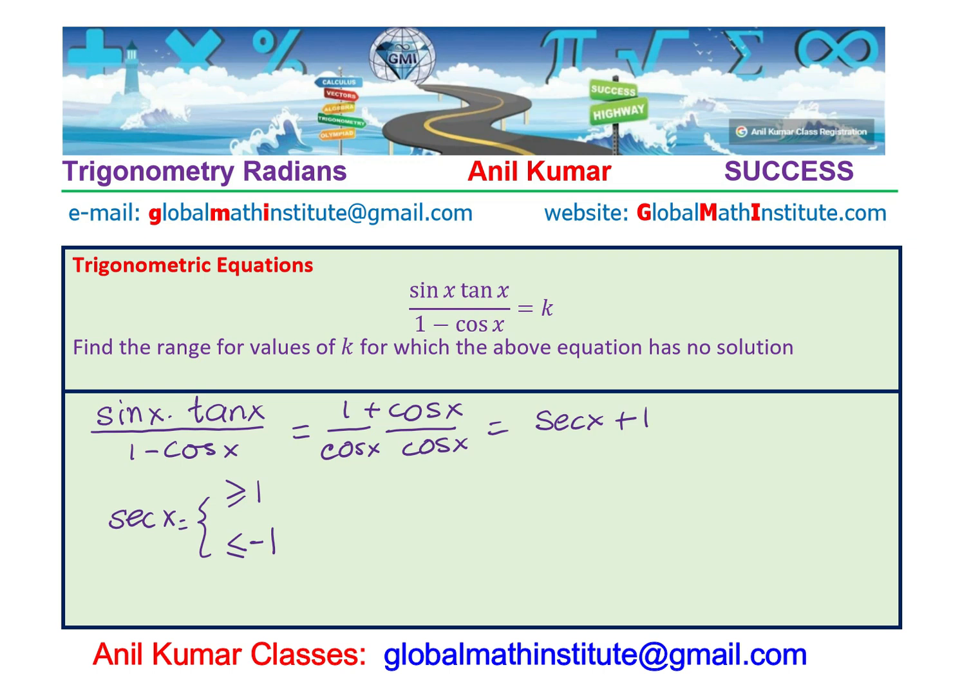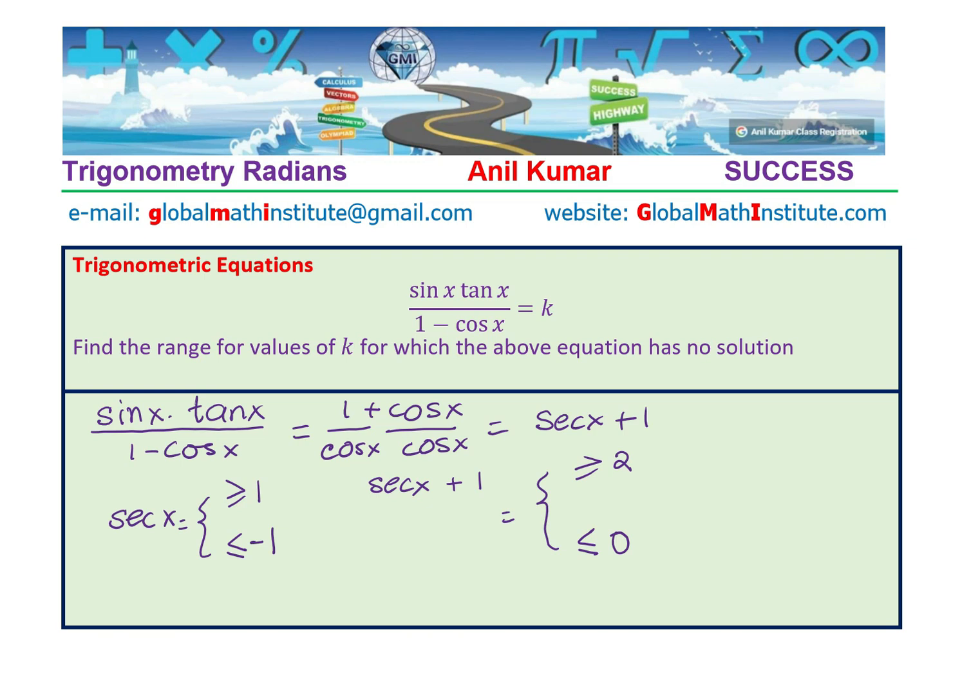So if you are looking at secant x plus 1, then the range will be what? It could be greater than or equal to 1 plus 1, which is 2, right? Or less than or equal to minus 1 plus 1, which is 0. Do you see that? So the left side is always greater than or equal to 2 or less than or equal to 0.